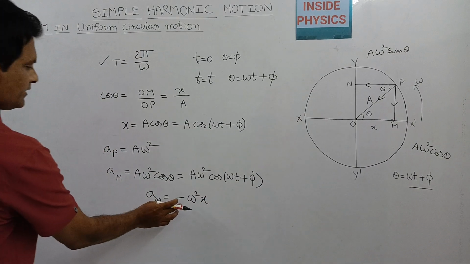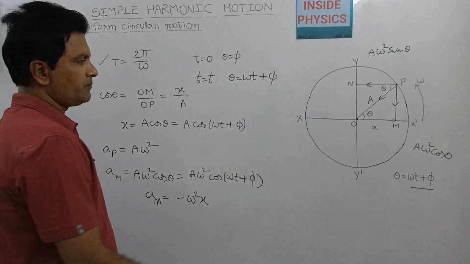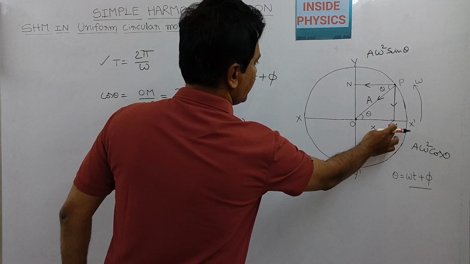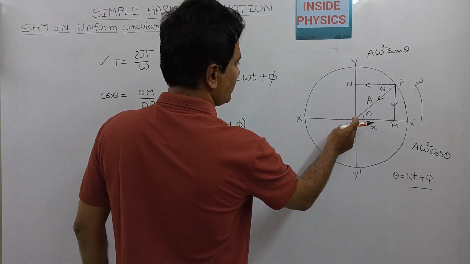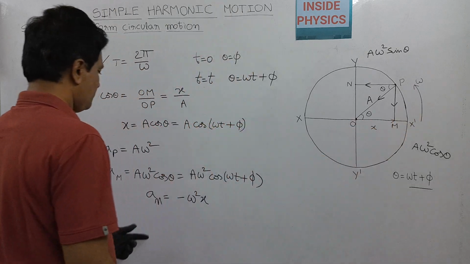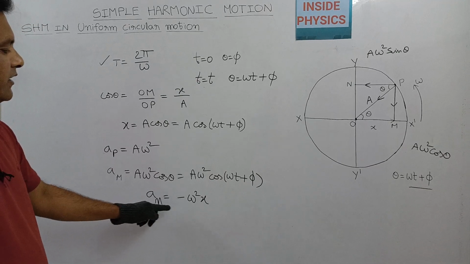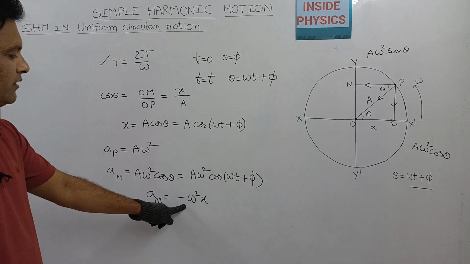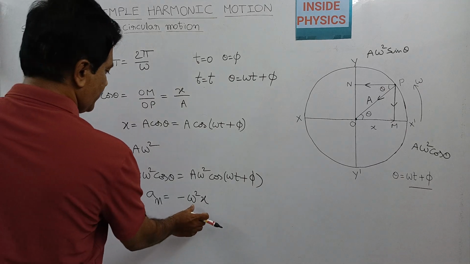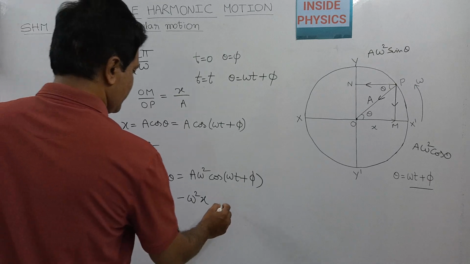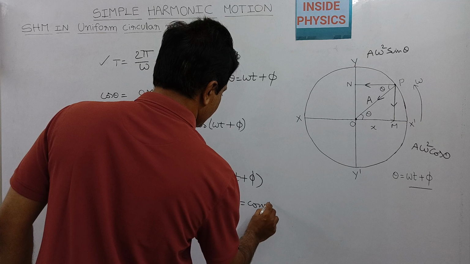Why have I put a minus here? The negative sign means the acceleration of the projection is always directed towards the mean position, and the displacement is always directed from the mean position to this side. So both are in opposite directions. That's why, to indicate the direction of acceleration and displacement, I have put the negative sign. Here omega, the angular velocity, is constant.